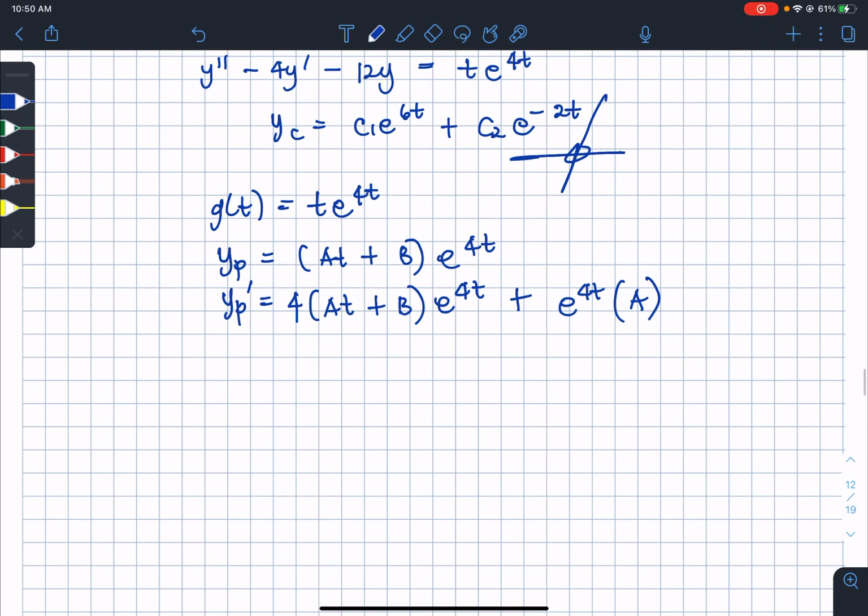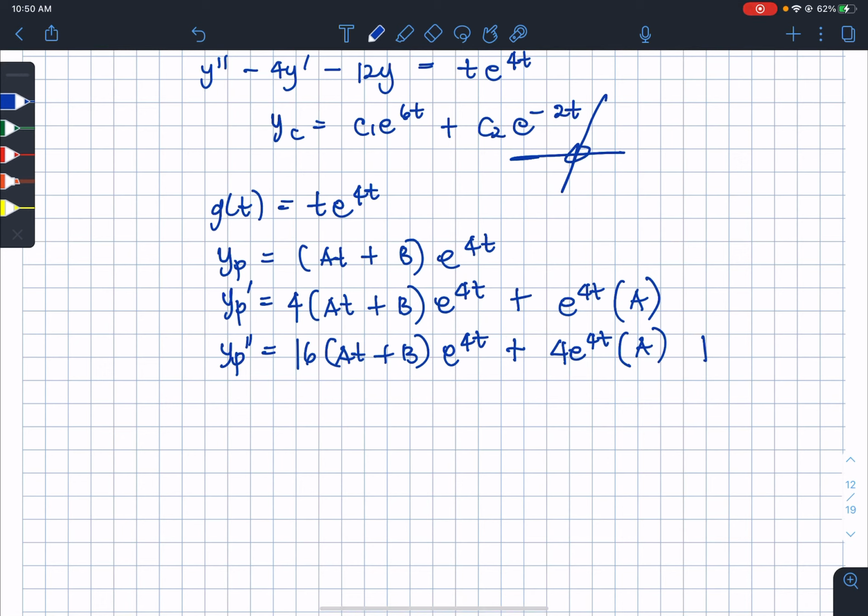So for our yp double prime, we have u, which is at plus b, and then the derivative of e raised to 4t is 4 times 4, that is 16 e raised to 4t. And then plus, of course, the 4 e raised to 4t, and then the derivative of at plus b is a.